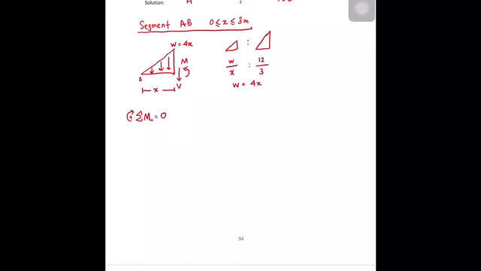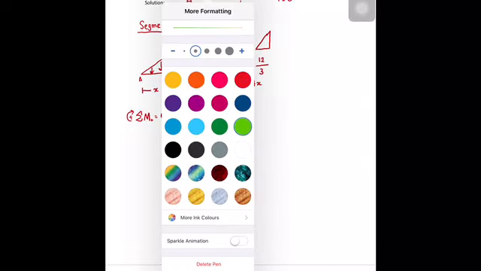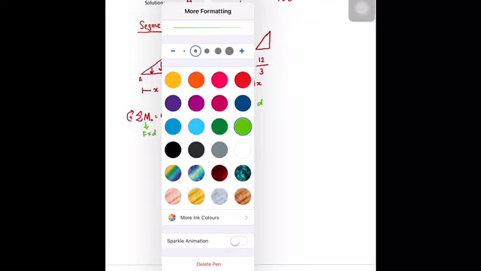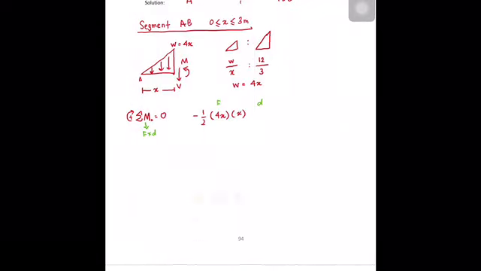So I have negative 1/2 times 4x times x, and you know that moment is equal to force times distance. So this is your force. Now what is your distance? The distance is 1/3 times x.